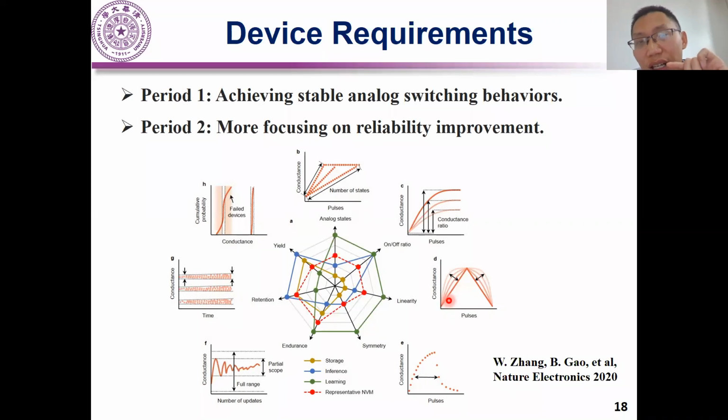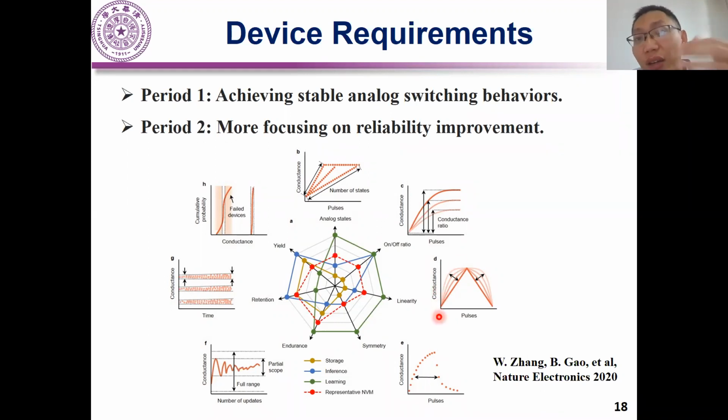So in this case, to do the training, we can expect for each weight update process the change of weight. So in this case, the network is more easy to converge. But if the change is very nonlinear, that means at first the conductance changes very fast. So with one pulse, maybe the change can be more than 50% throughout the whole window.